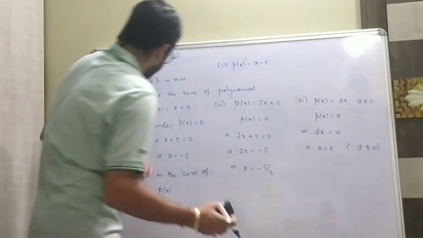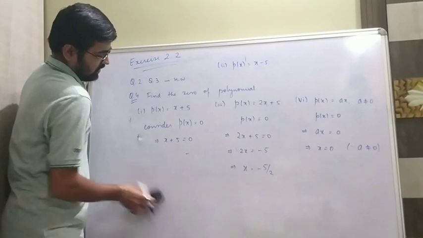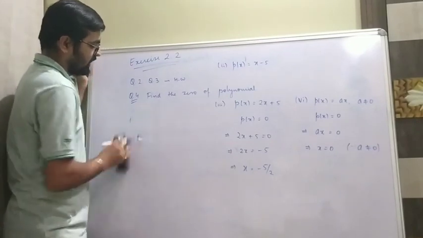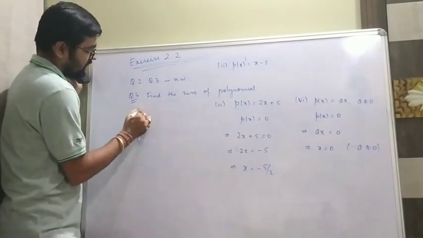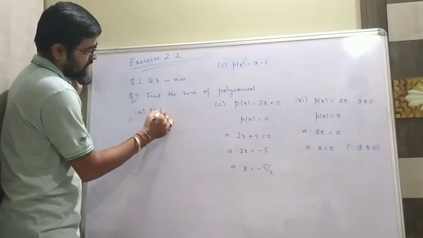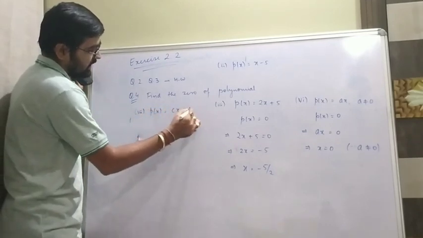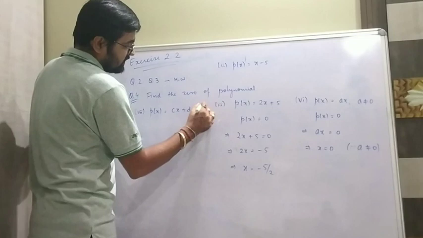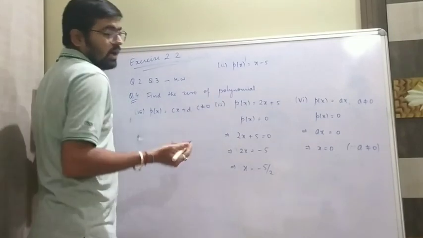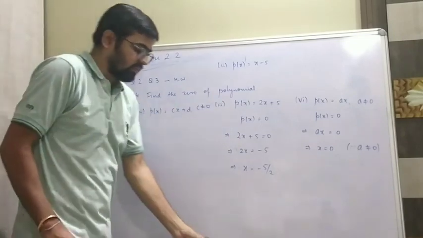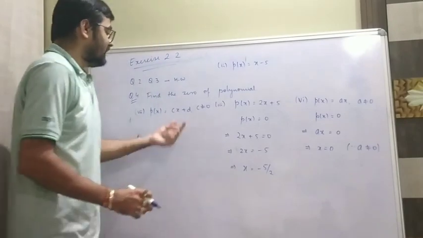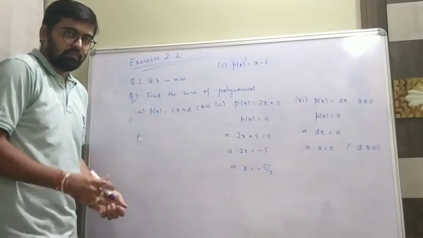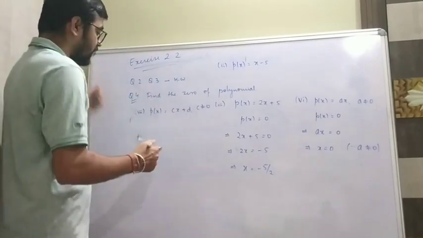Let me take one more problem, which is something like this. The seventh one. I'll rub out the first one and solve the seventh one over here. So what we have in the seventh one is p of x equals cx plus d, where c is not equal to 0 and c and d are real numbers. That's okay. We are already aware that this could be a real number only, because beyond real numbers we don't know any kind of numbers.